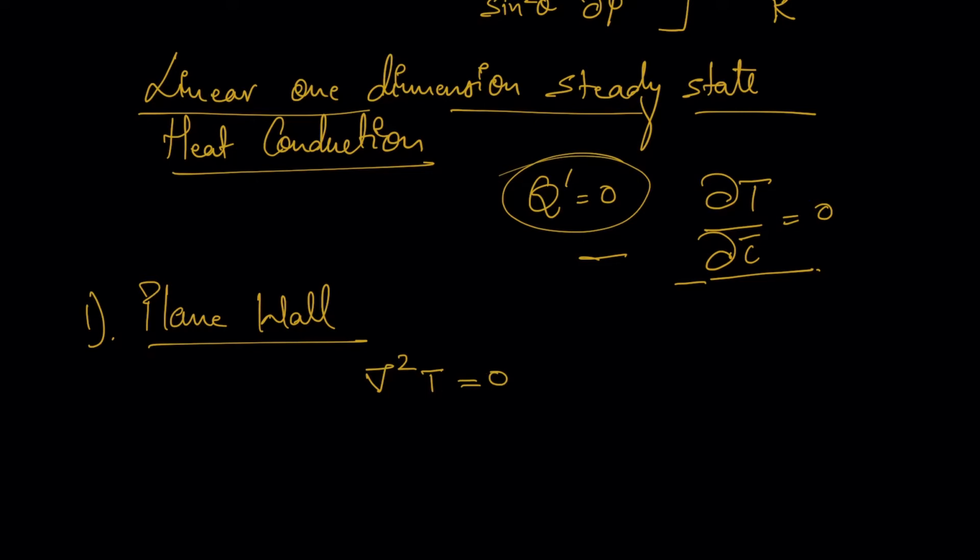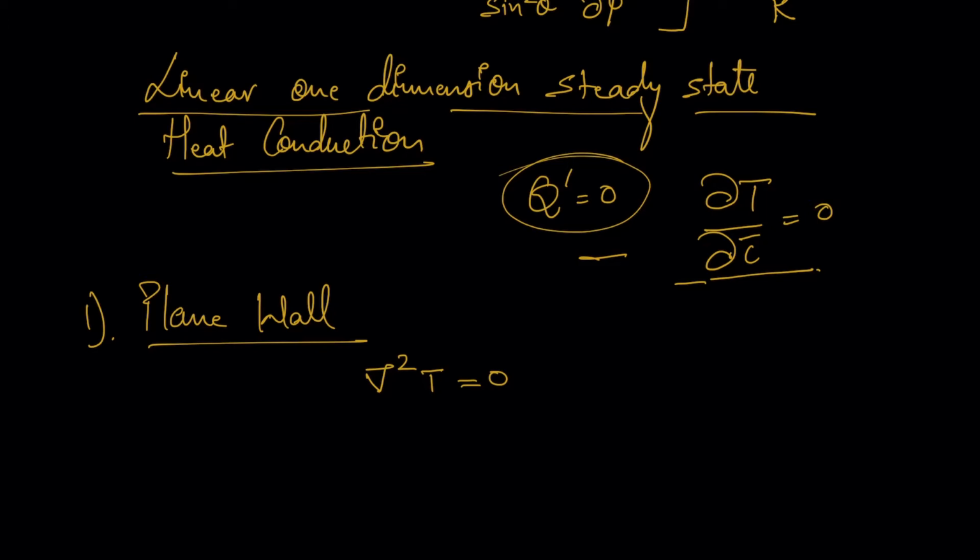Actually, what we are going to do is finally calculate the heat flow. So we are going to derive the heat flow in one dimension steady state heat conduction, and we are considering only the x direction; y and z we are considering constant.